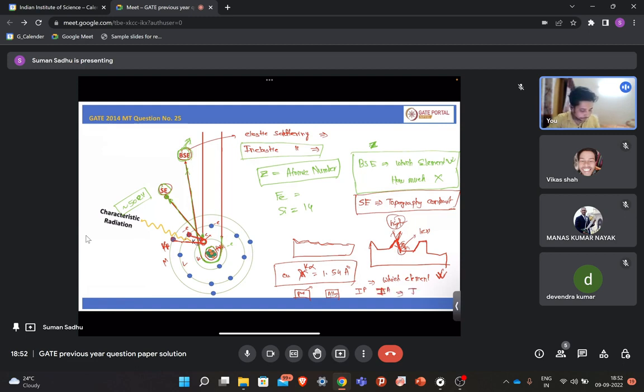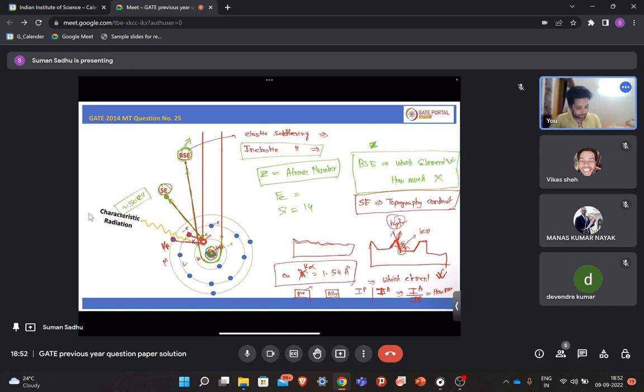If you take the ratio, IA divided by IP, the intensity of the alloy and the intensity of the pure sample, this will give the idea of how much of that element is present.